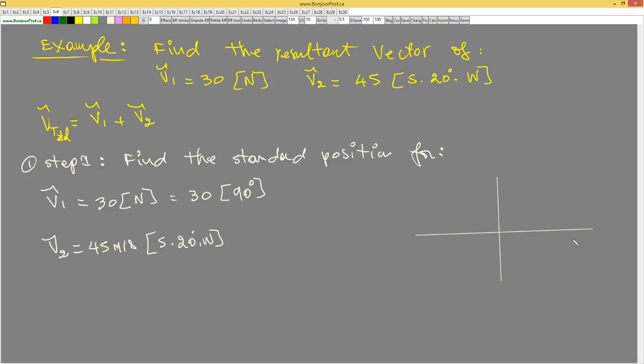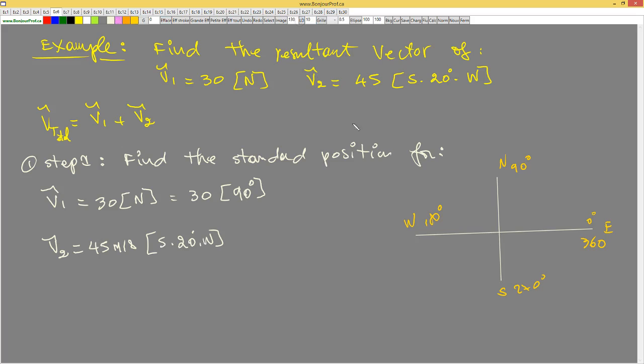So what we have? We have east, north, west, south. This one is 0 degrees, 90 degrees, 180 degrees, 270, 360. So what is the vector southwest? It must be here between the south and the west.